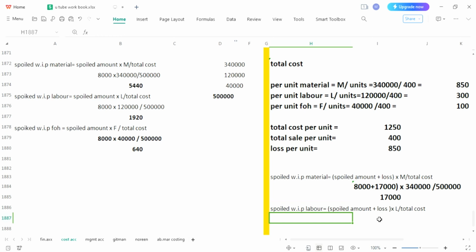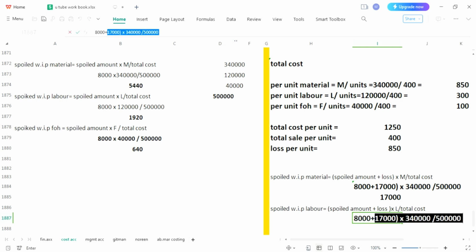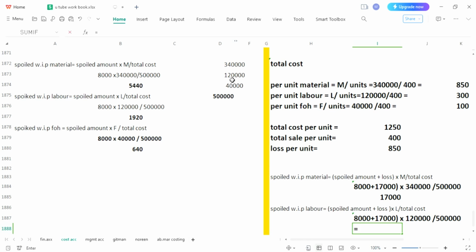So the only change you will make is, instead of total cost of material, you will put total cost of labor over here. 8,000 spoiled goods same. 17,000 would be same, except for this amount 340,000. As you can see, your cost of labor is 120,000. So you will remove this 340,000. Instead you will write 120,000. This way your statement is completed.